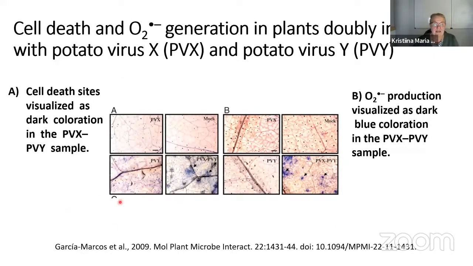Here we see that if we do a single infection with PVX, which is the Potexvirus part of this synergistic infection, or with PVY, we don't get as much of these cell death sites as in this mixed infection, which is here visualized by this coloration, dark coloration.